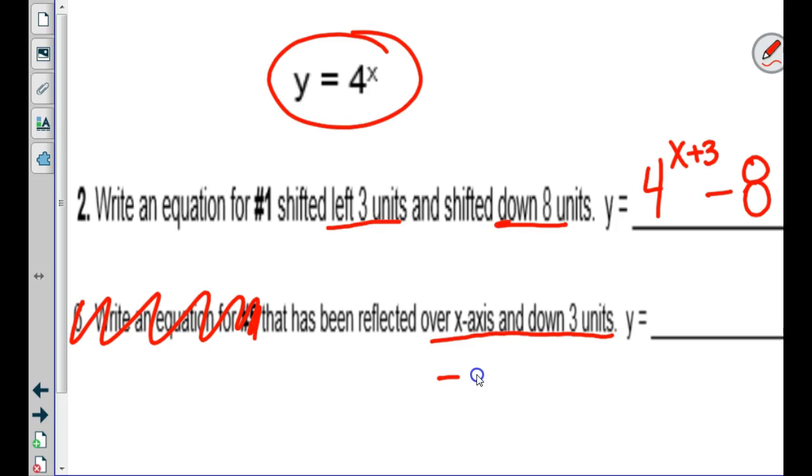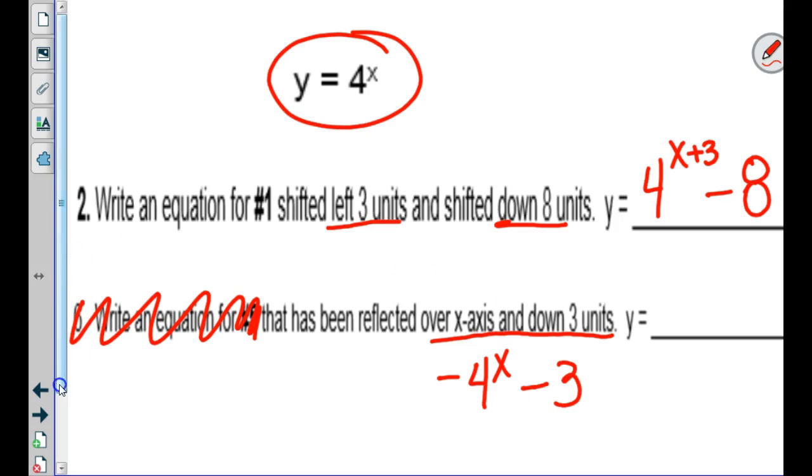So we would have, if we wanted it to then go down 3 after we flipped it, over the x-axis and down 3 would be back here. Yes, that's right. That's the order you should write it in anyway.